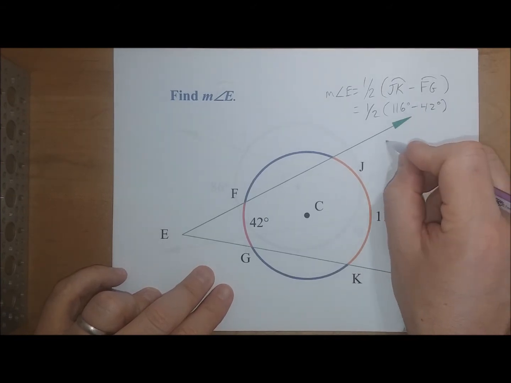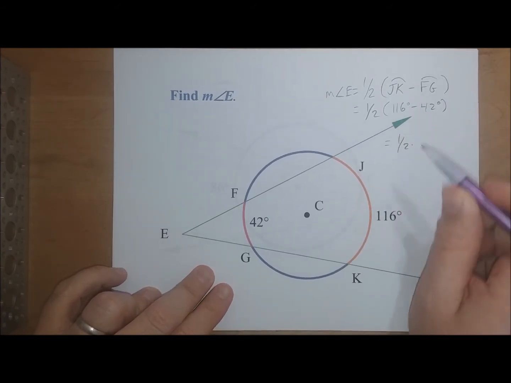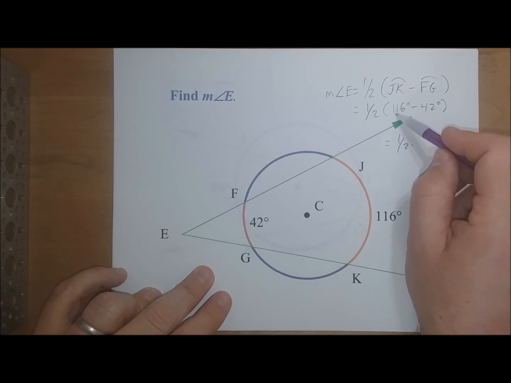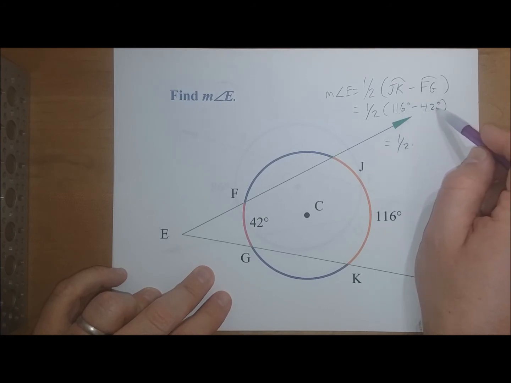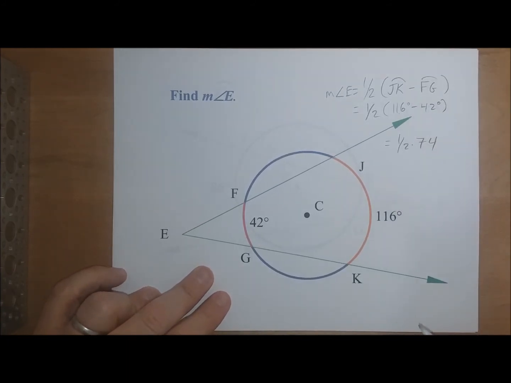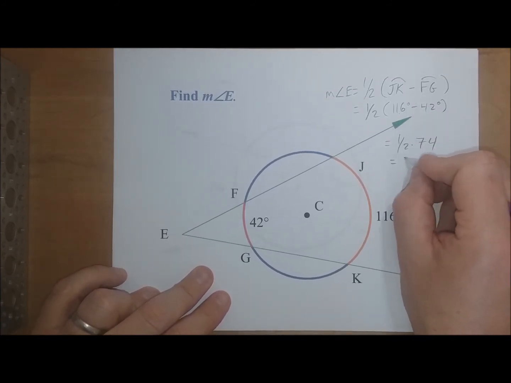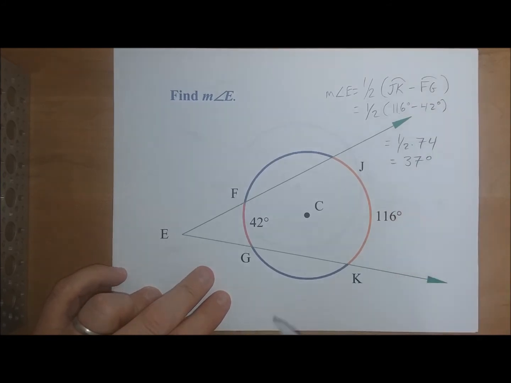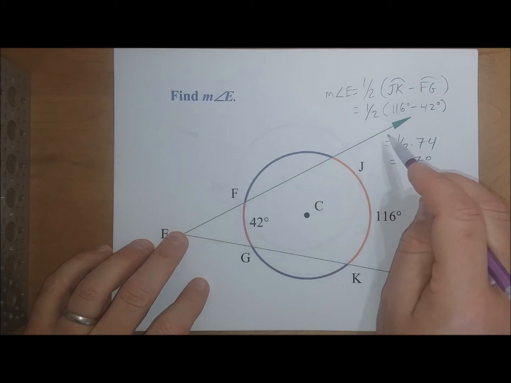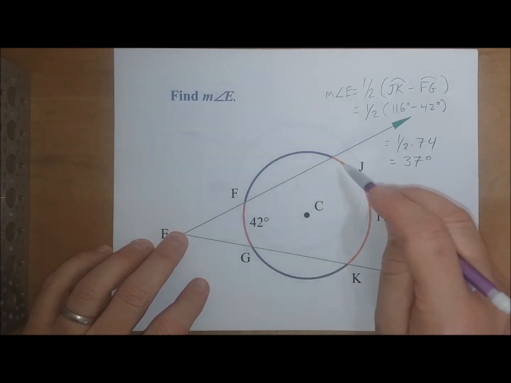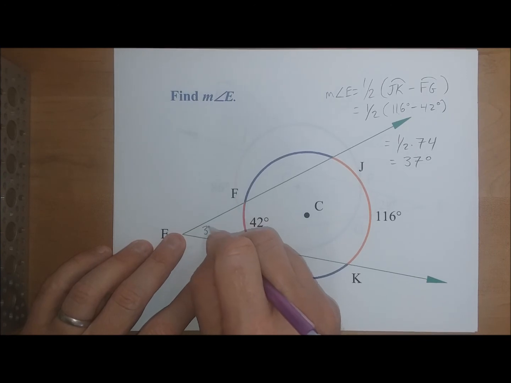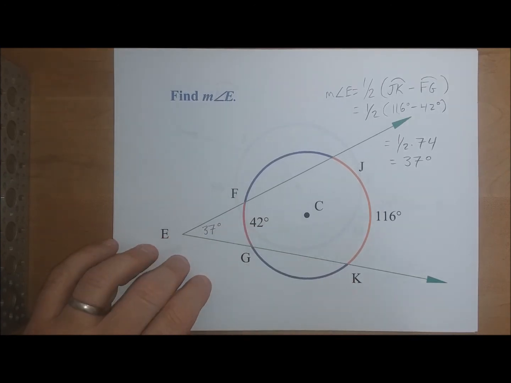So I'm going to get 1/2 times 116 minus 42. What does that give me? It gives me 74. So 1/2 of 74 is going to give me 37 degrees. Okay, so if this angle here intercepts these two arcs, measuring 42 degrees and 116 degrees, I know this is going to be 37 degrees.